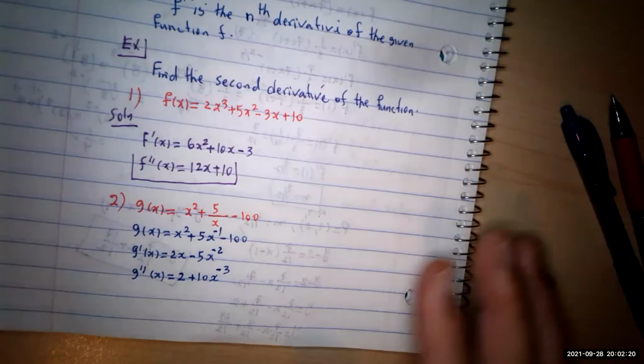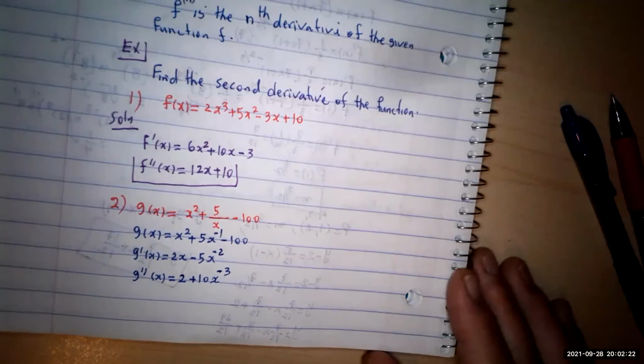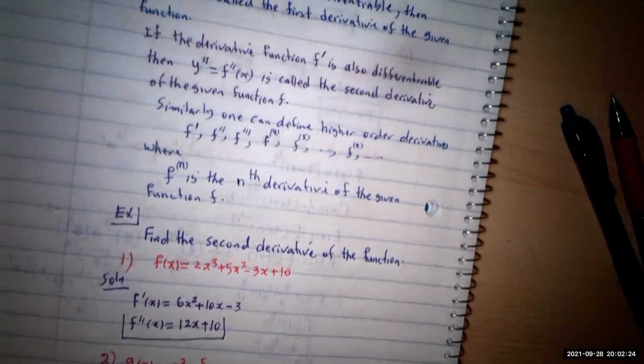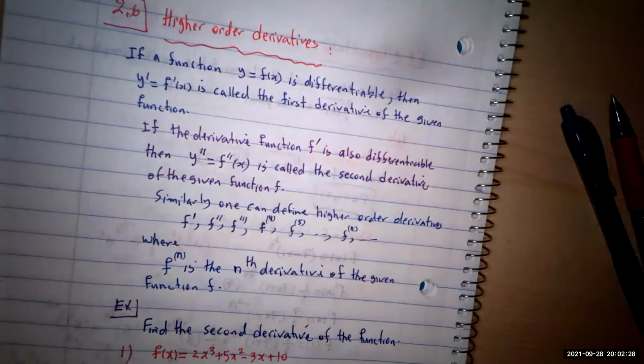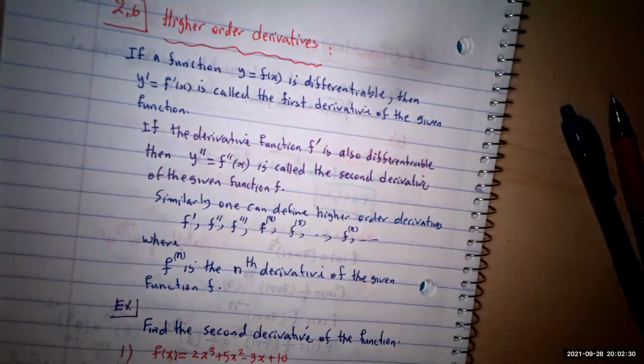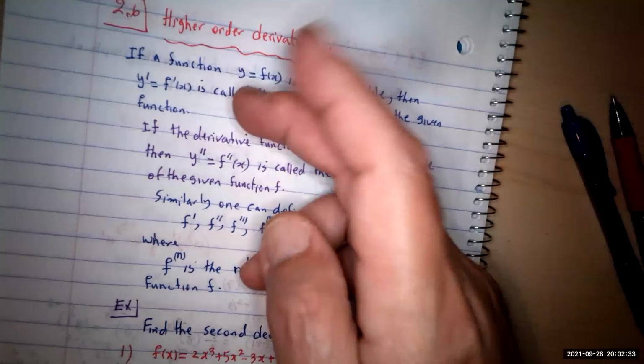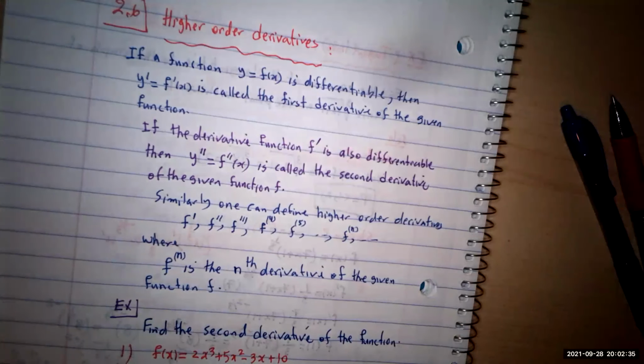If the function is given to you like this, it's a standard format of the equation of a function. So if the equation of the function is y equal to f of x, we differentiate, and the derivative of y would be y prime. We just call it y prime. On the other side, we use the power rule to get the derivative of the function.